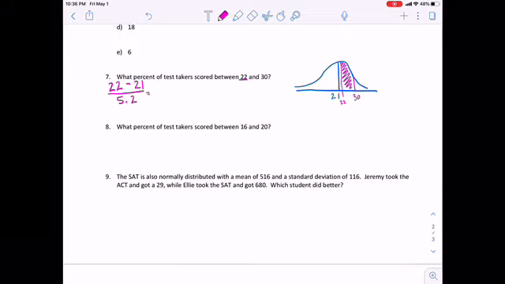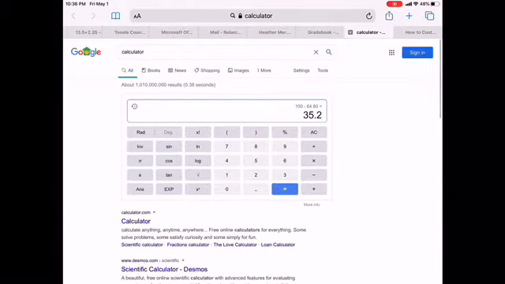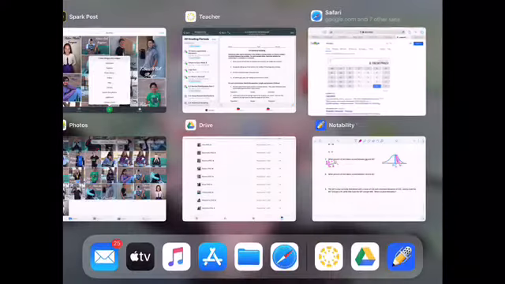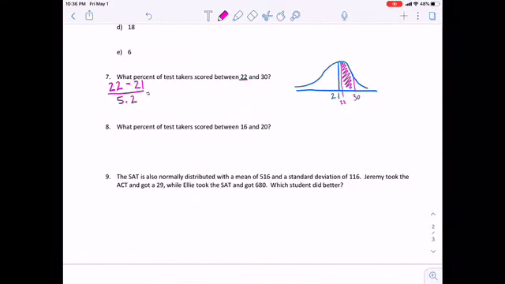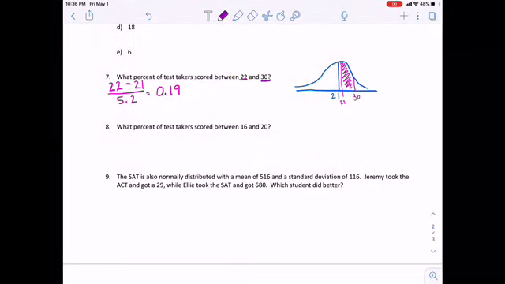So if I type that into my calculator, I have 22 minus 21 divided by 5.2, and my calculator says it is 0.19. So I write down 0.19. That's the z-score if I got a 22 on the ACT. Now I'm going to do it again for a z-score of 30.